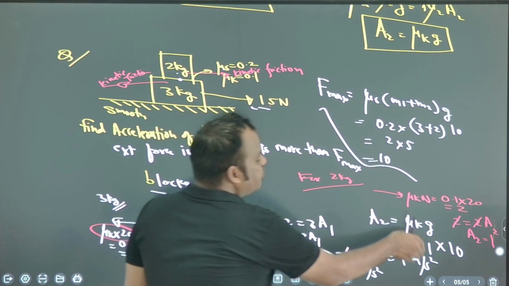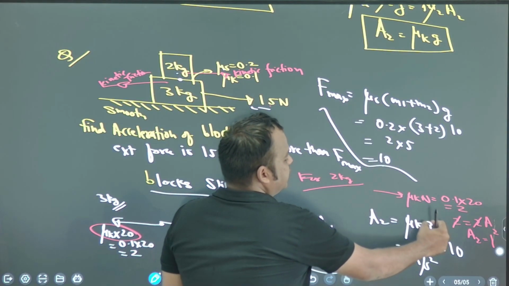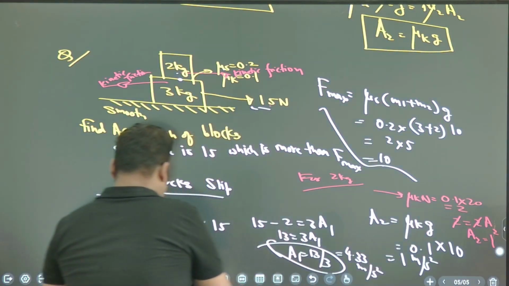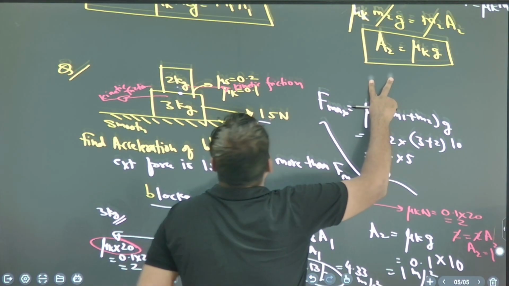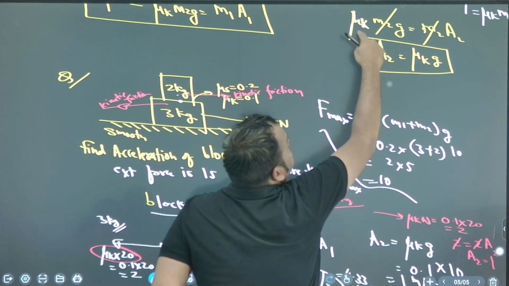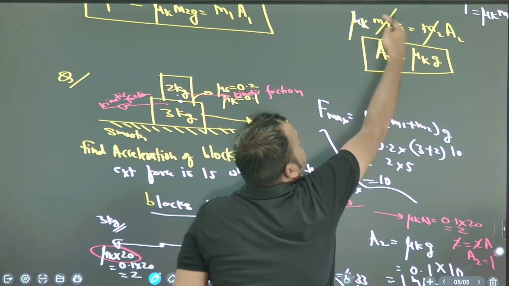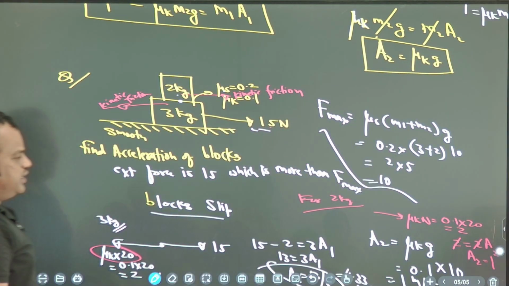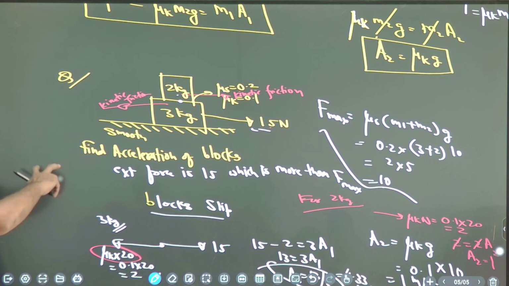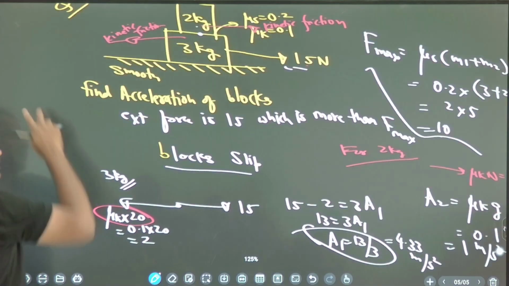And A2 you can memorize that formula also: mu k g. For the upper block, mu k m2 g is equal to m2 a2, m2 cancels. So a2 is equal to mu k g. Okay, are you getting it? Okay, good.